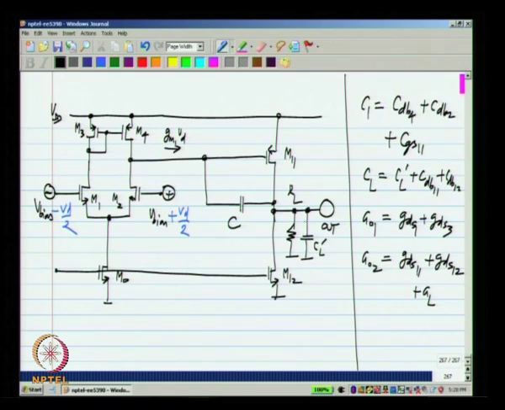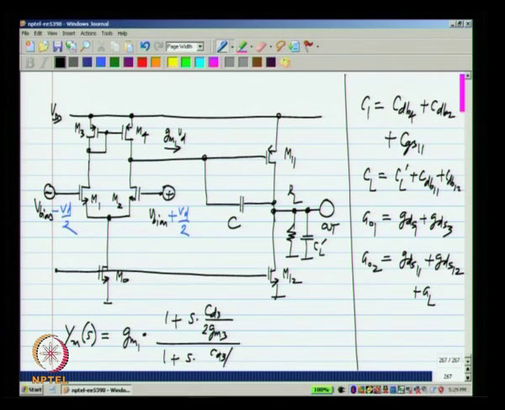The value of C, the integrating capacitor, is known. So, everything is known, and also the transadmittance of the first stage is nothing but the DC transconductance of the first stage times 1 plus S CD3 by 2 GM3 divided by 1 plus S CD3 by GM3.